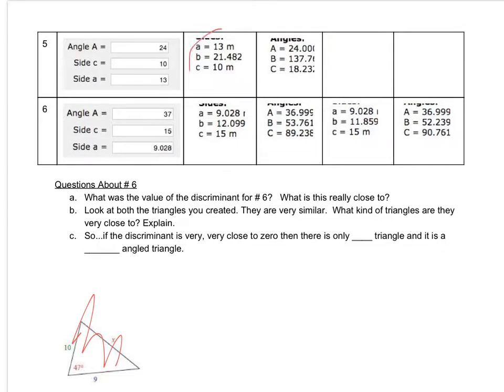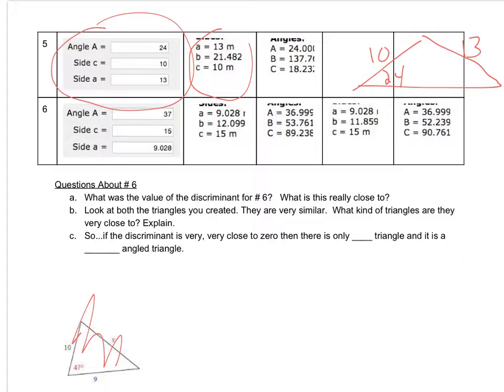So here, one triangle. My guess is there's one triangle in the solution if you start from this information. You've got side A is 13. So this side is much longer. That's 13, that's 24, and that's 10.